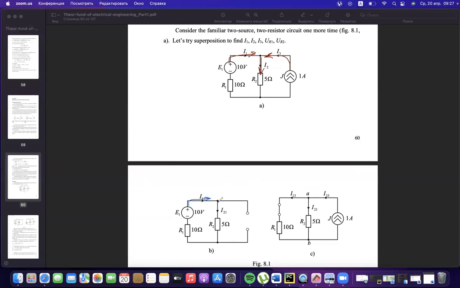It gives us the direction of current like here, and zero current in the right branch. And our current source gives us current directions like this. And we are comparing. In the first situation, current I1.